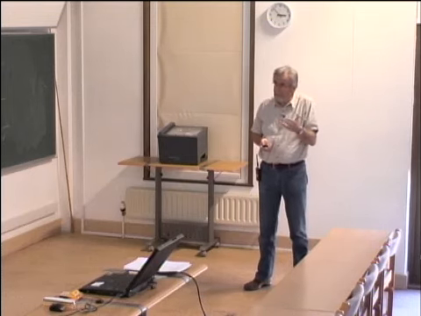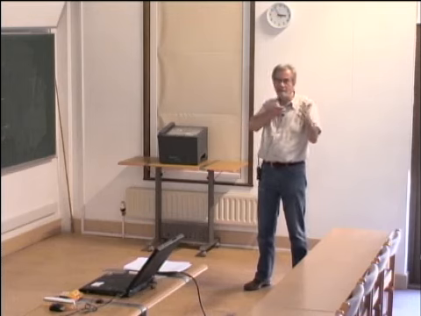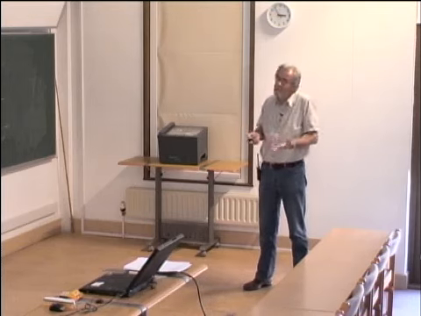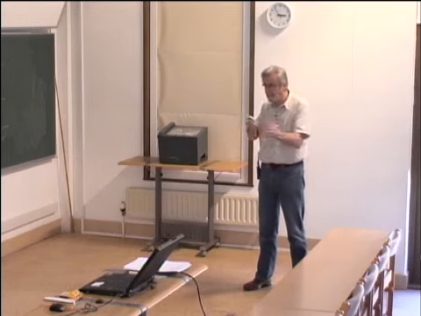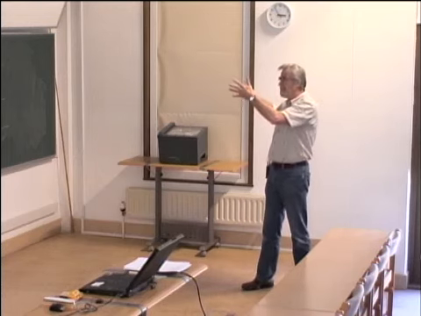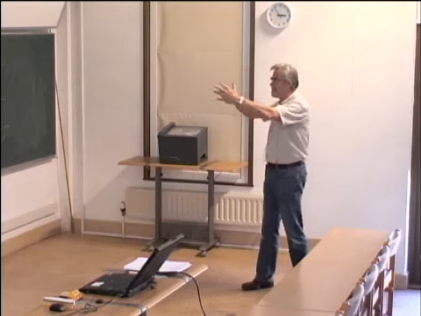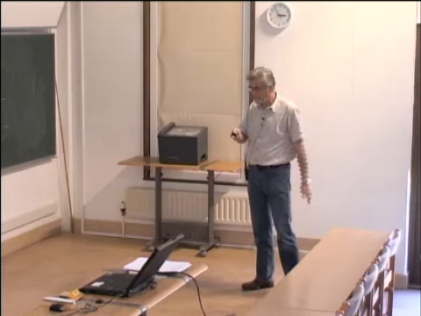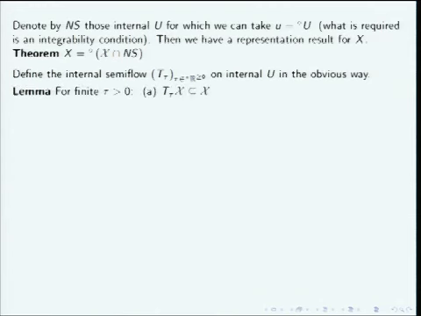We define the non-standard, or the internal, semi-flow. It's defined in exactly the same way as we did before. You just move to the right, shift to the left, and chop the thing off. At the internal level, we get that the approximate solutions are closed under this shift operation.